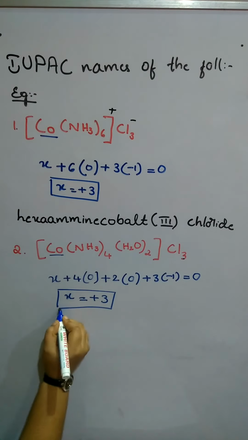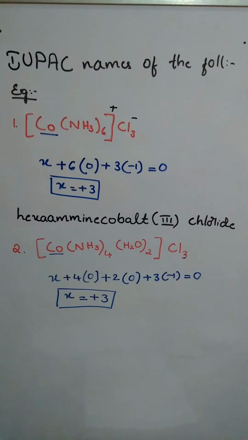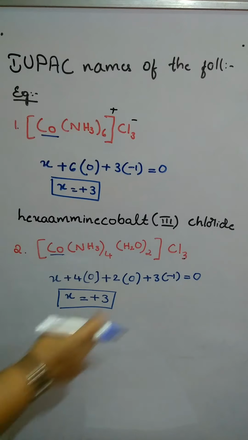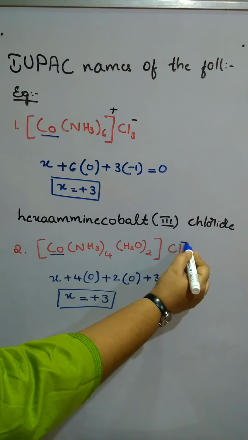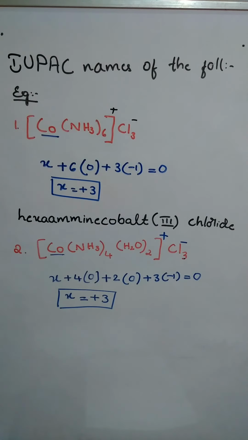So the oxidation state of cobalt is plus 3 here. Next we should analyze whether the compound is a cationic complex or an anionic complex. Cl minus is negatively charged, which means the complex is a positively charged complex.